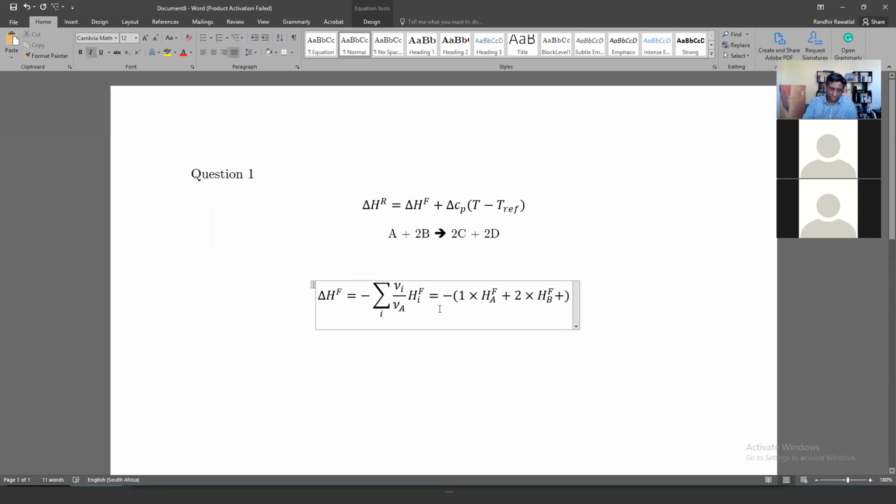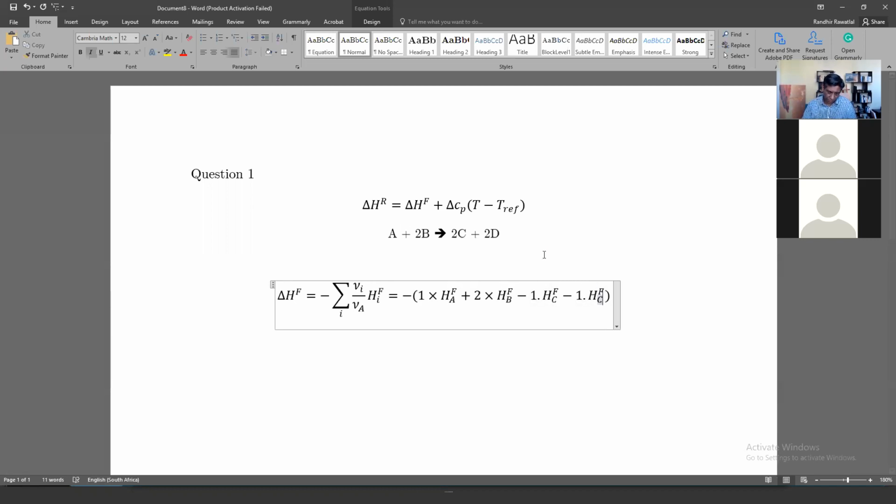So that's going to be a minus 2 times H super F sub C. And then for D, it's the same thing. So it's going to be minus 2 times H_D.